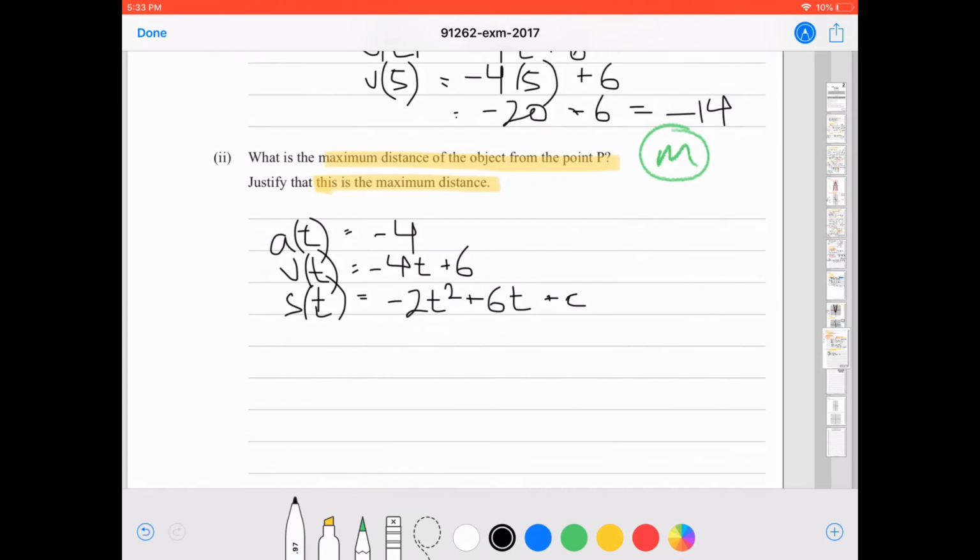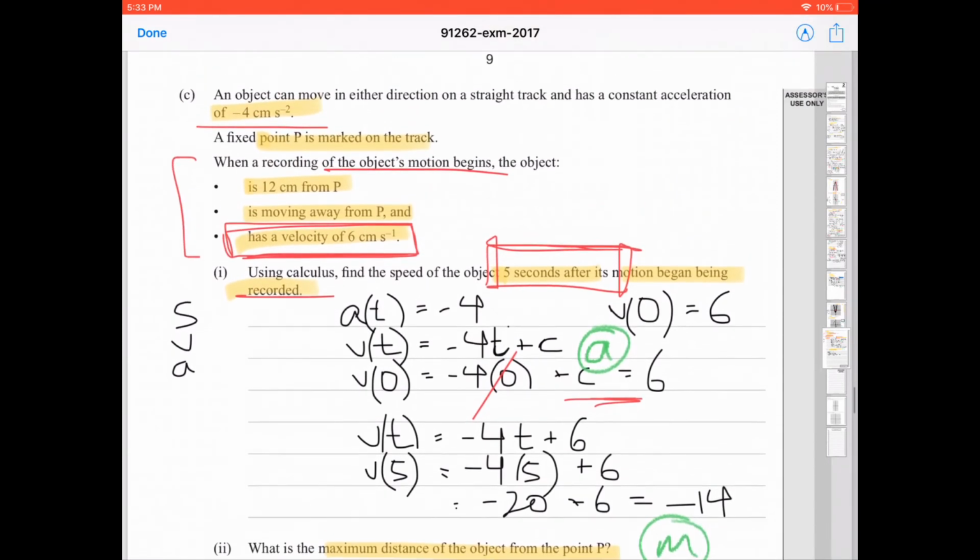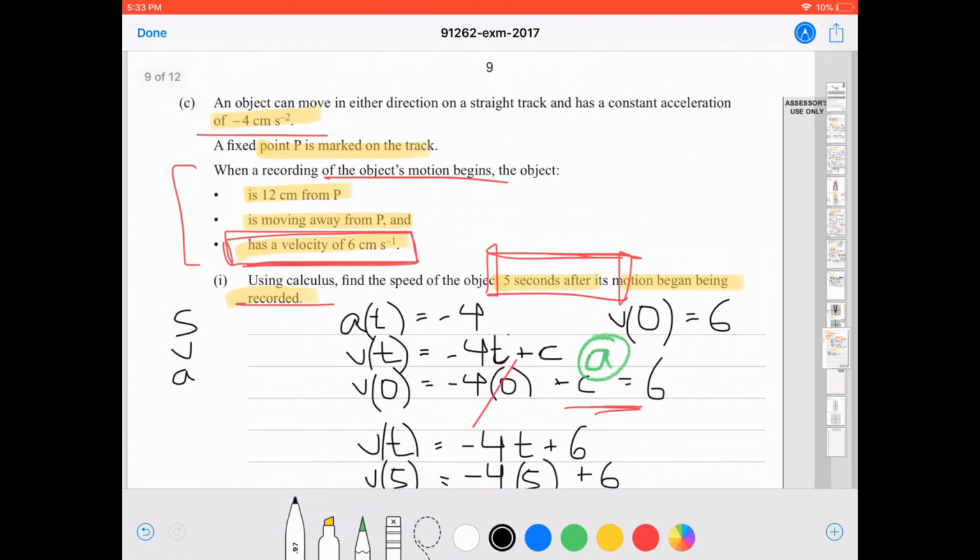Okay, and so we need to find this constant. Again, we look back to our information at the start of the question for some help. And we can say, again, when a recording of the object's motion begins, and so at this point, t equals 0, that's helpful to understand.